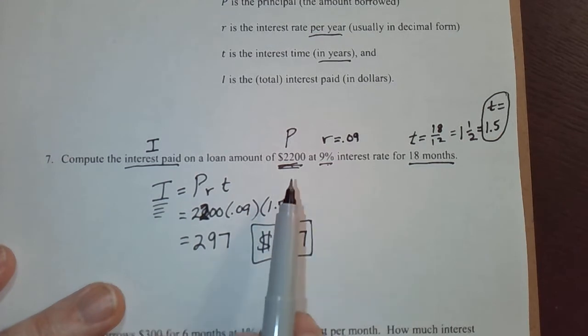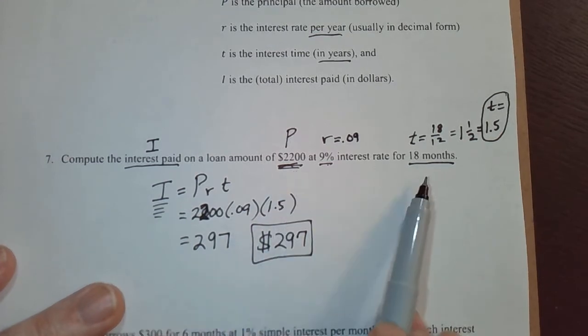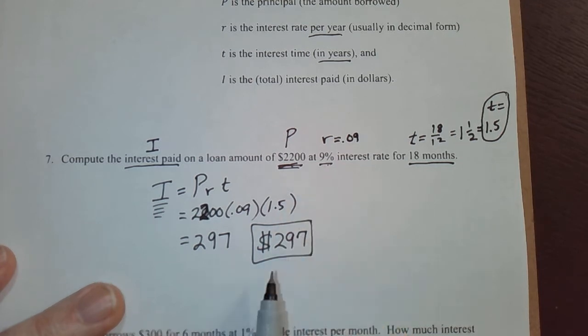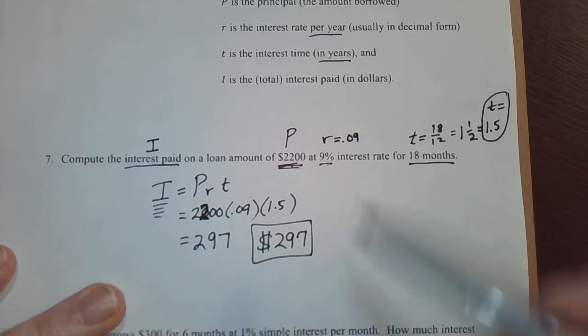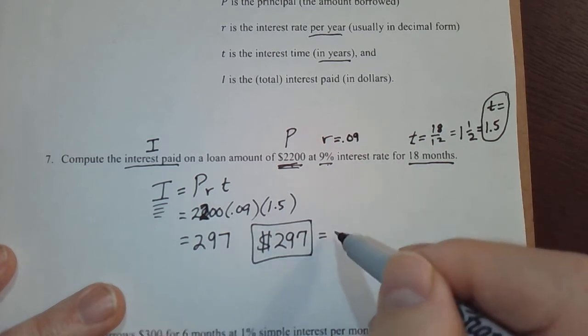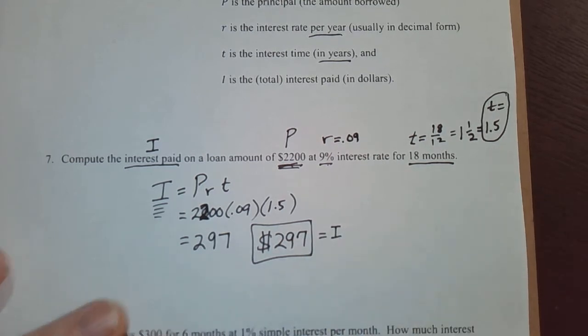So if you borrow $2,200 for a year and a half and use 9% interest, you're going to have to pay this much in interest, $297. So the total amount you'd pay back at the end would be the $2,200 plus this $297, which is the interest.